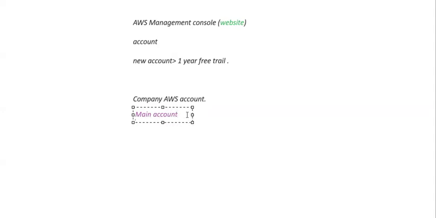In that main account, they're providing you the sub accounts, sub users. So in this AWS Management Console, the company, from the main account, can create users for you.